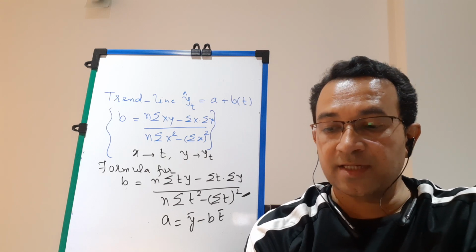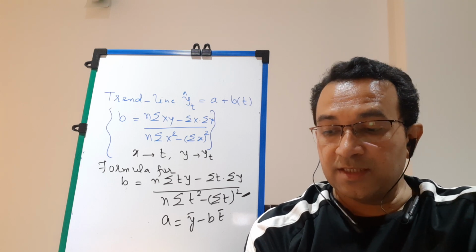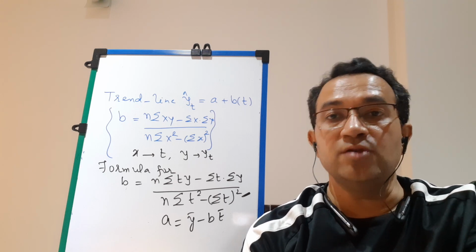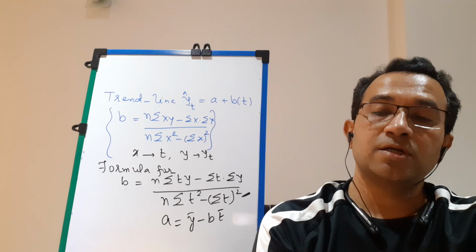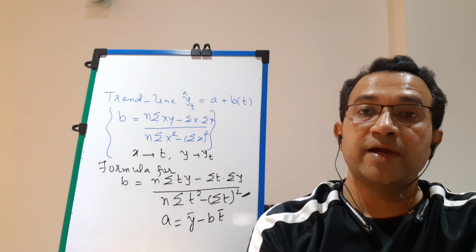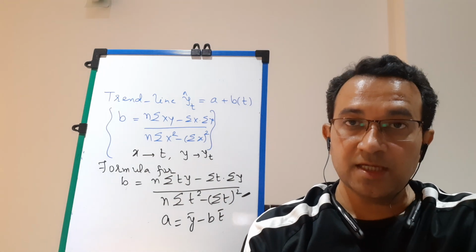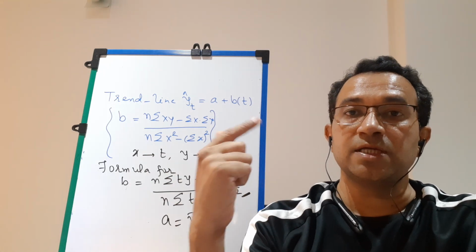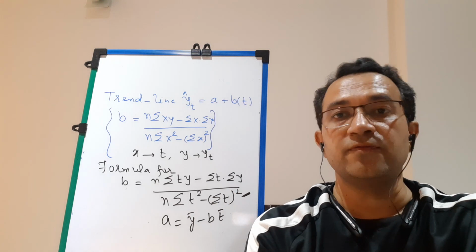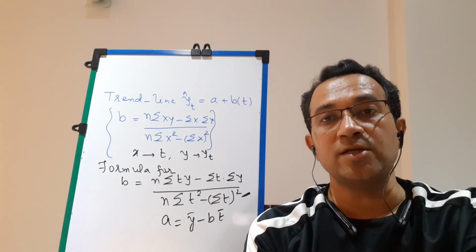The trend estimates can be obtained by this method for each of the given values of t. Means what? In regression also we were finding the values of y1 cap for given x1, x2, x3. Instead of x1, x2, x3, for given t1, t2, t3 we can find the estimates of y1 cap, y2 cap up to yn cap.